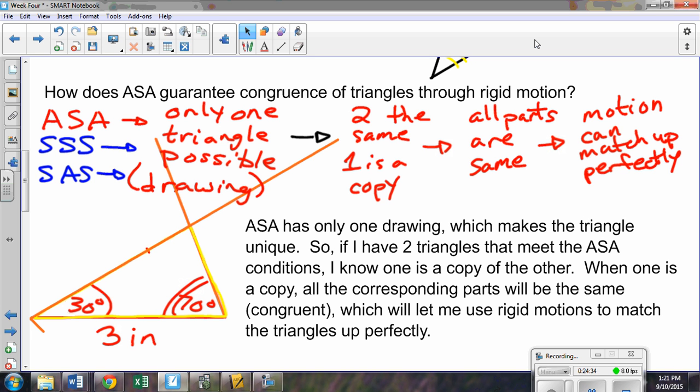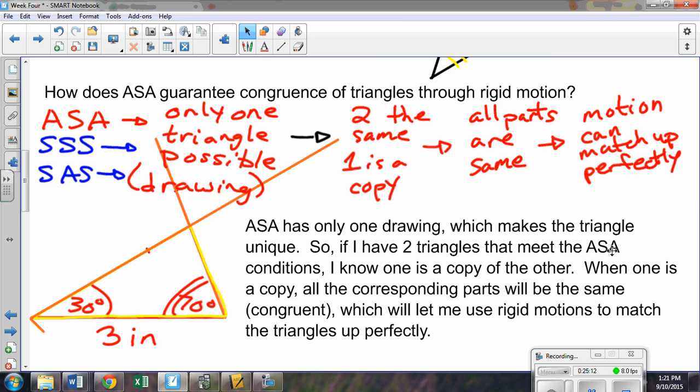Later in your assignment, there is a question that asks, how does side, side, side guarantee congruence of triangles through rigid motion? It's the same thing. Later on, you have a question that says, how does side angle side guarantee congruence? It's the same thing. The only thing that's different is you change angle, side, angle into side, side, side, or side, angle, side. Other than that, it's exactly the same. The only part that changes is the drawing.